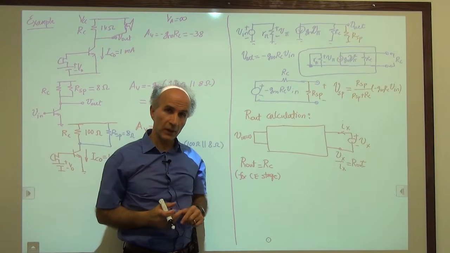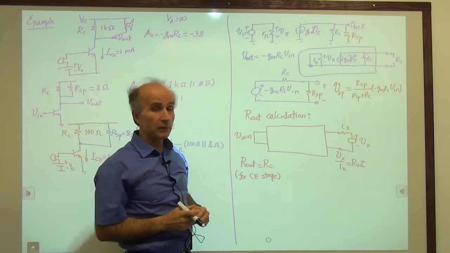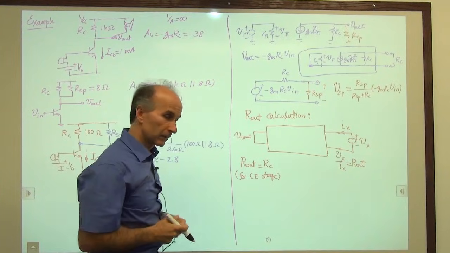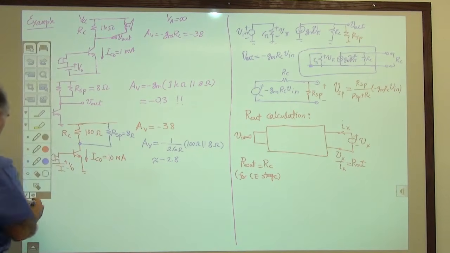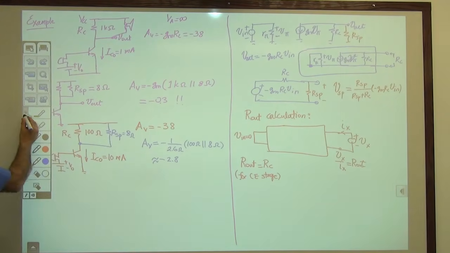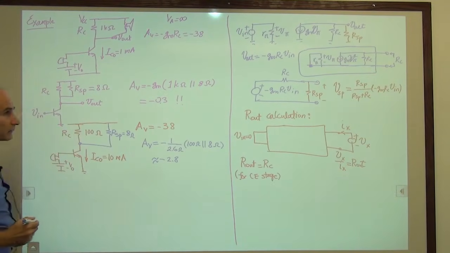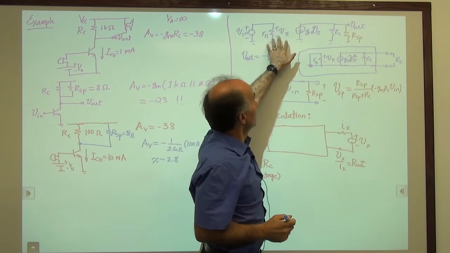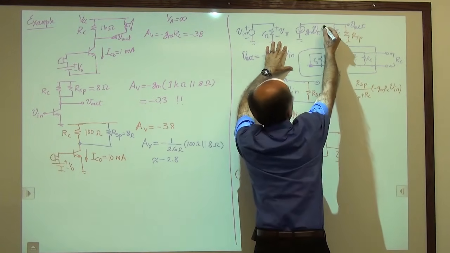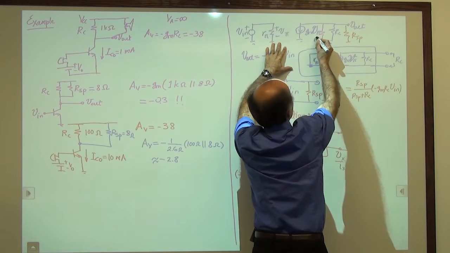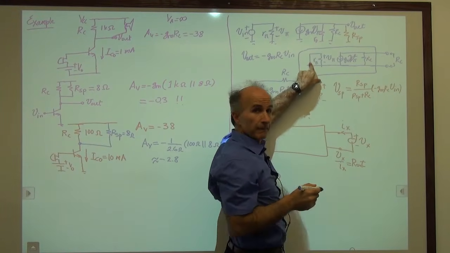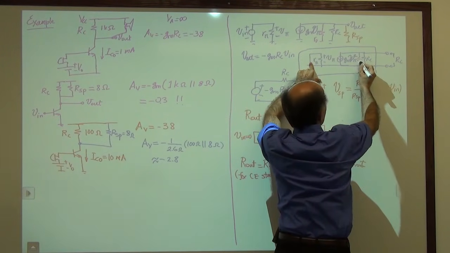Okay, one last question. If we include the early effect, what happens to the output impedance? Well, let's go back to our small signal model. Here, I have to include RO. So when I set the independent source to 0, I still have RO.